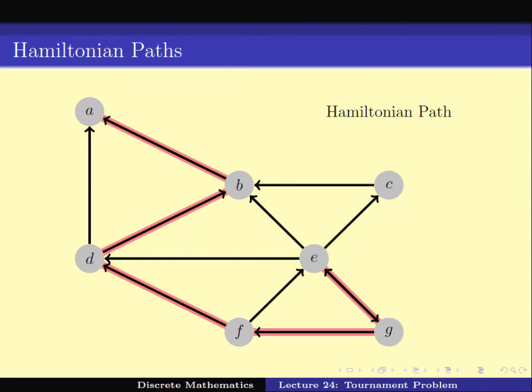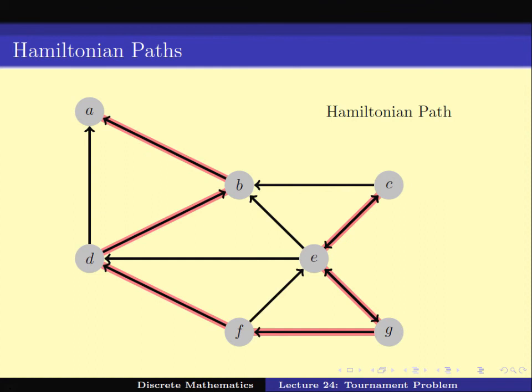But if I had flipped this edge E to C and made it a two-way edge, then I could have got a Hamiltonian path: C to E, E to G, G to F, F to D, D to B, B to A.